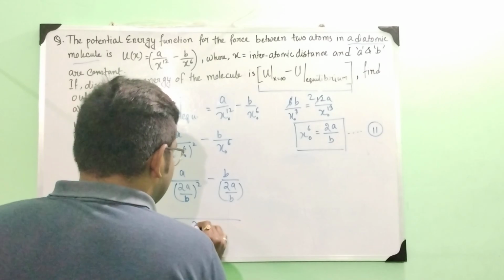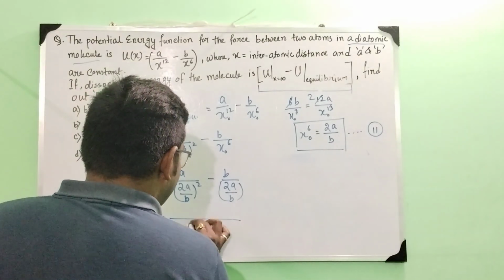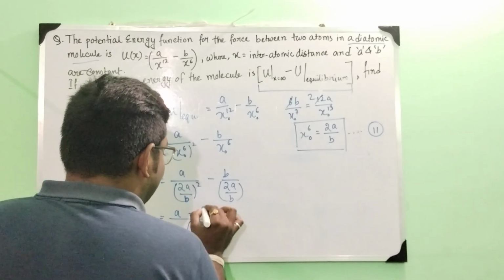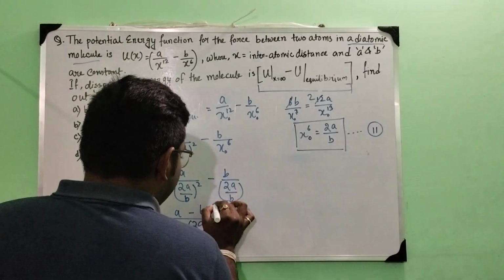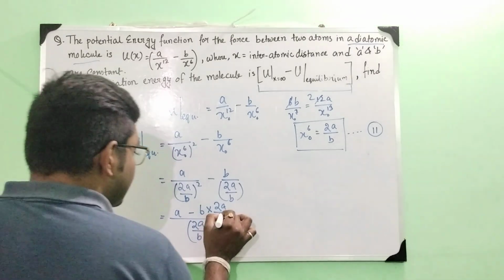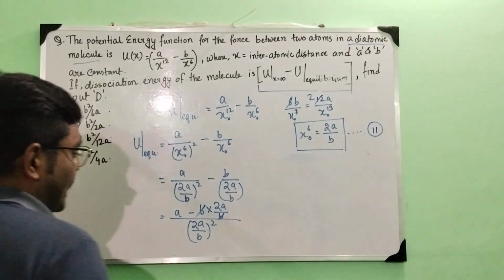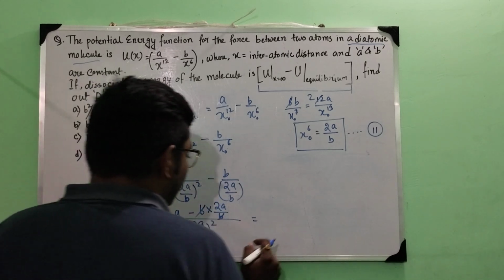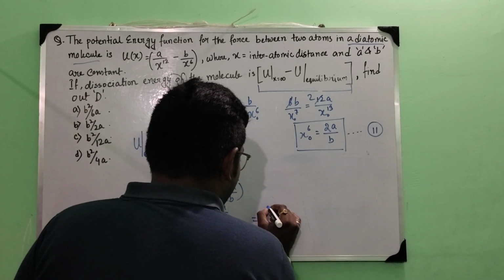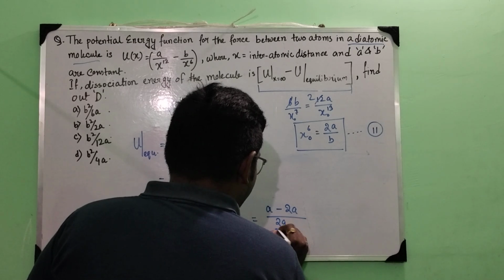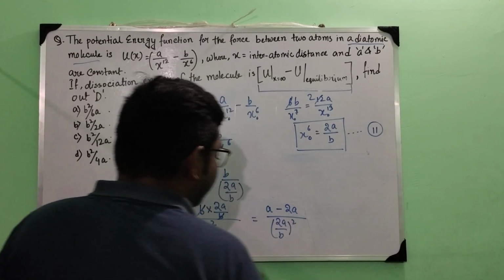Now if we take the LCM, (2a by b) whole square is the LCM, a minus b into 2a by b. This will get cancelled out, so we get a minus 2a by b, whole square.